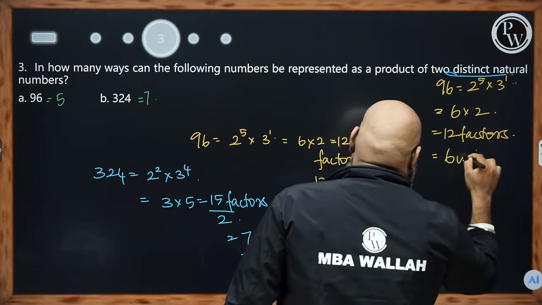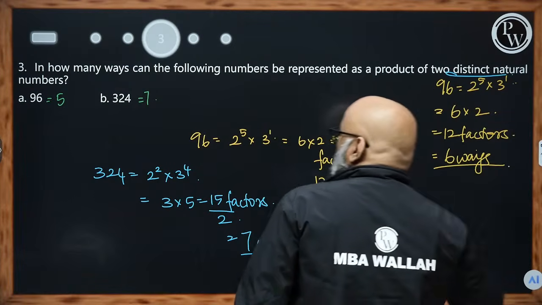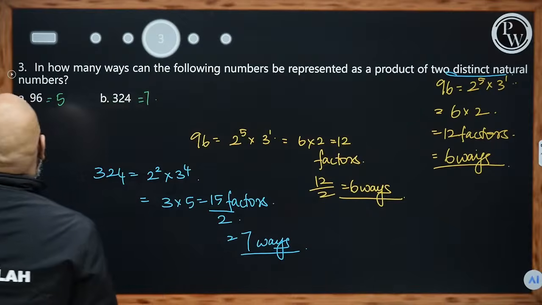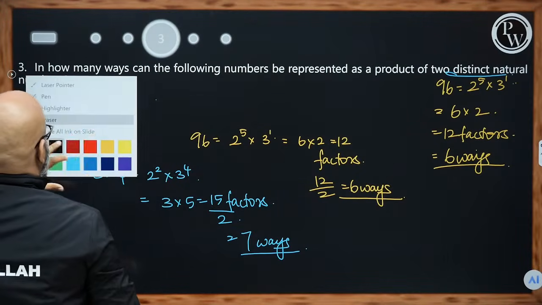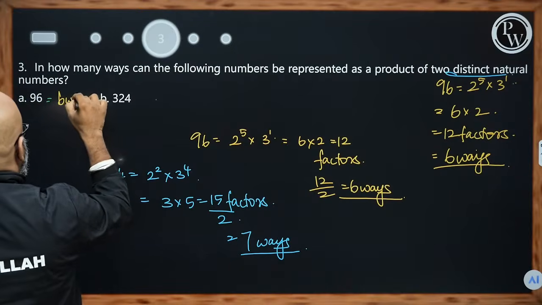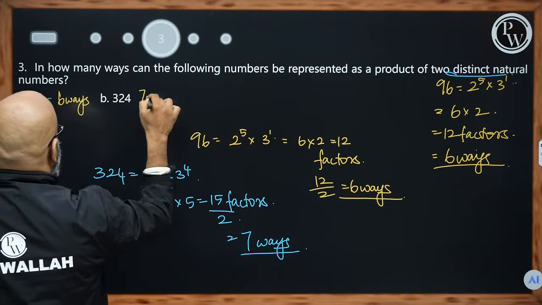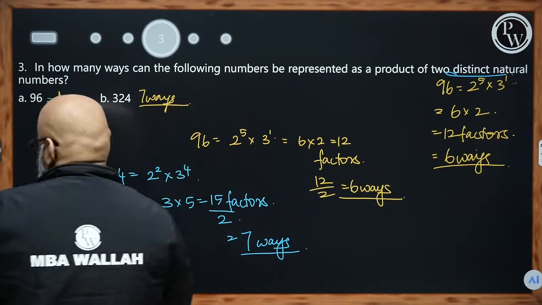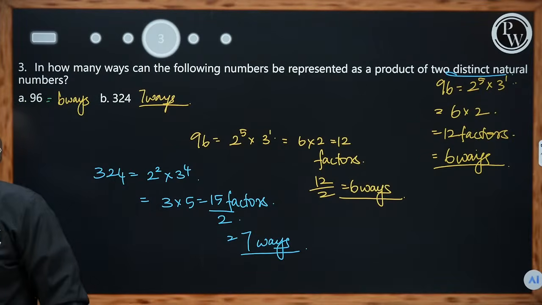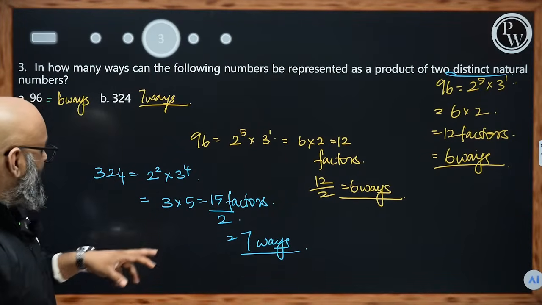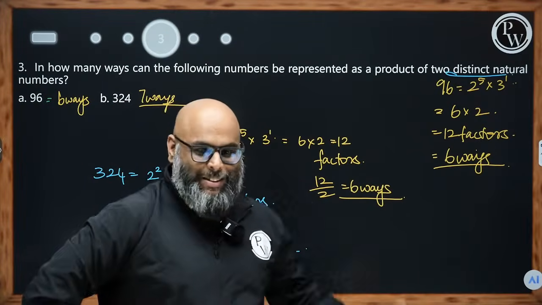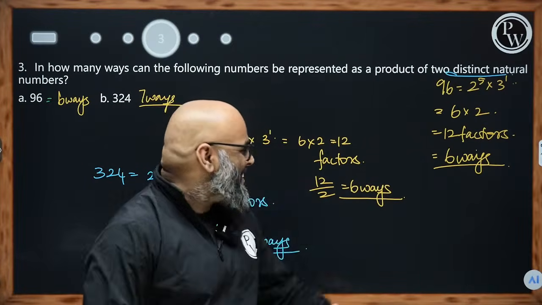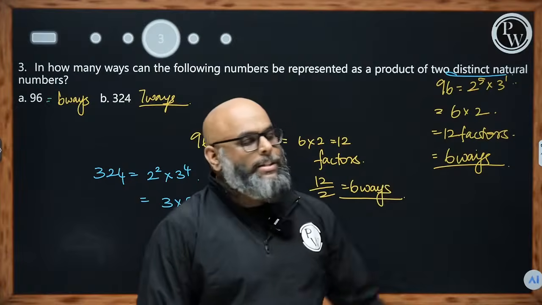That will be 6 ways. I'm sorry about that. Sorry, folks. My bad, I didn't notice. This late hour, man, happens. I did it for 96. 6 ways is the answer.